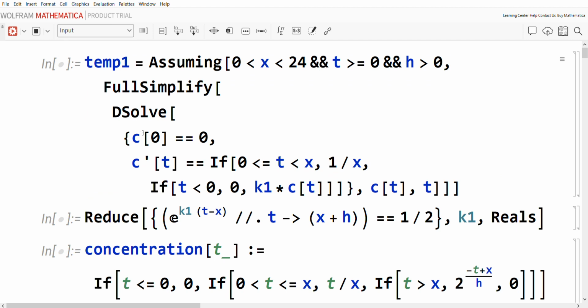What I'm trying to say is that C is the concentration. It's a function. C of 0 equals 0. That means the initial amount when time equals 0 is 0, or 0 concentration. And then the derivative of C, the rate of change of C, is 1 over x if t is in this interval.